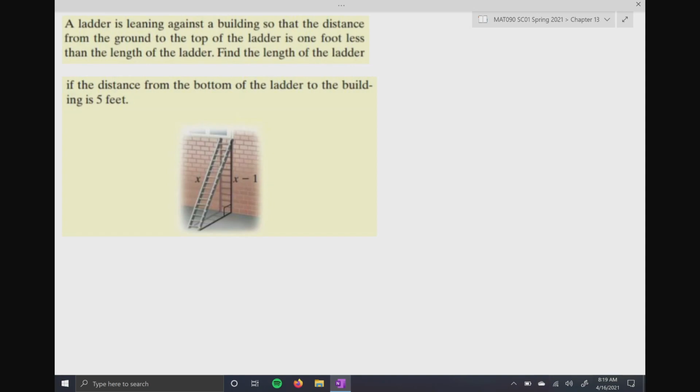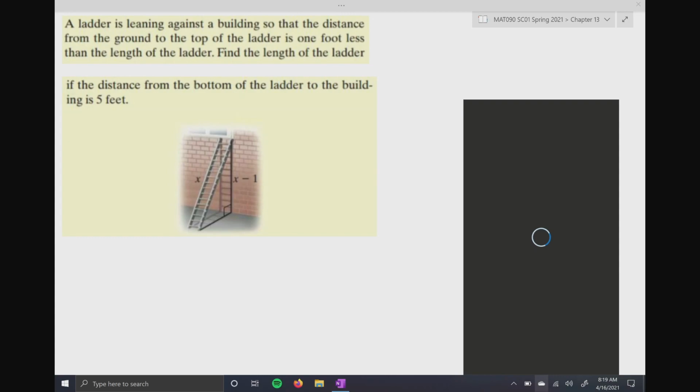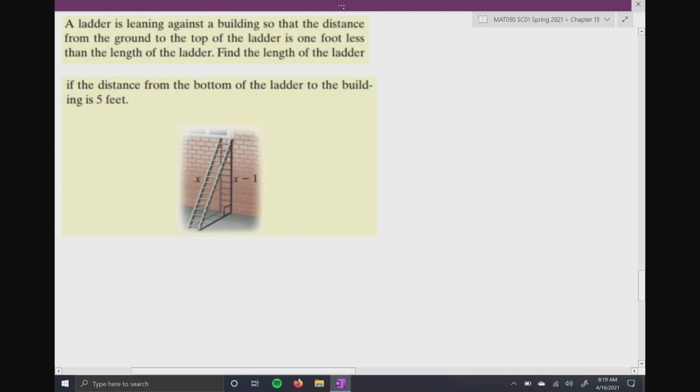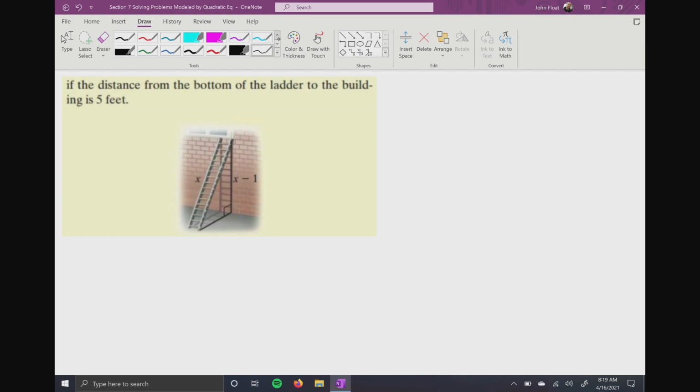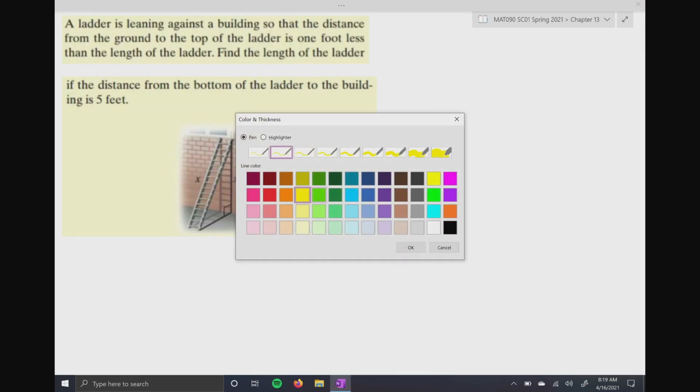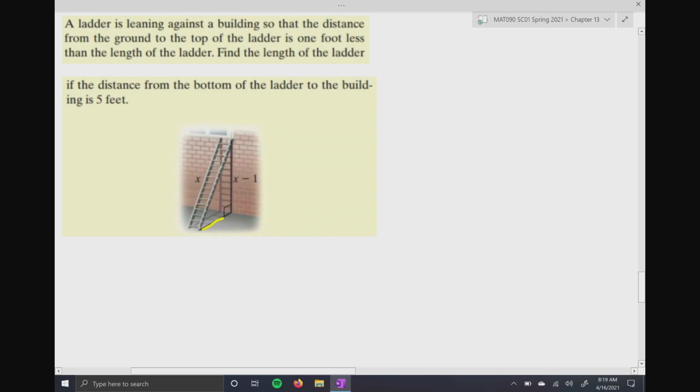All right, so let's go ahead. Let's start labeling some things. First, we have that distance right there. They told us from the bottom of the ladder to the wall is 5 feet.